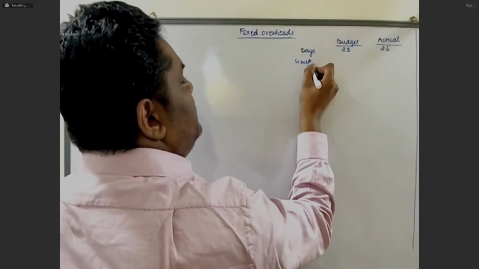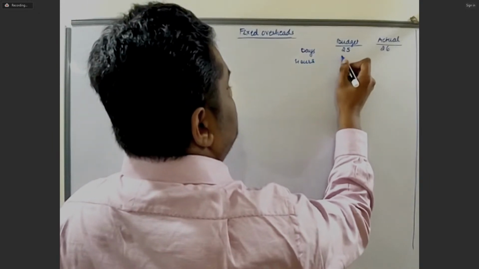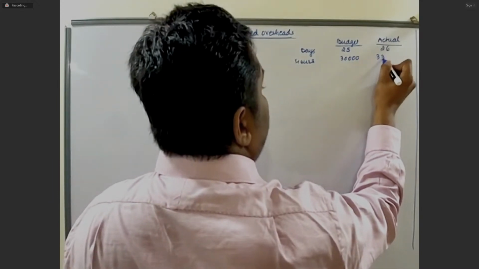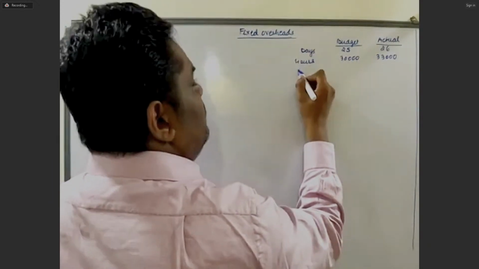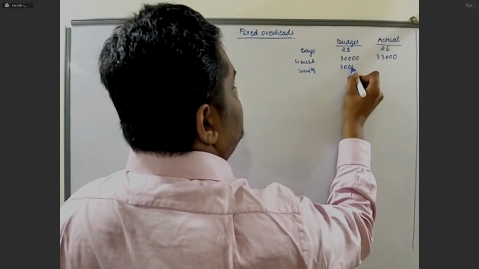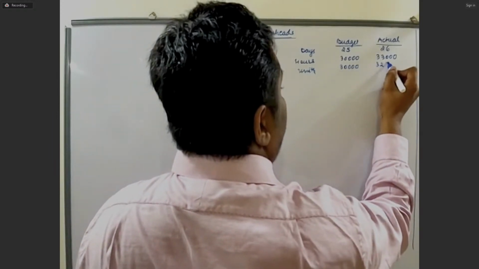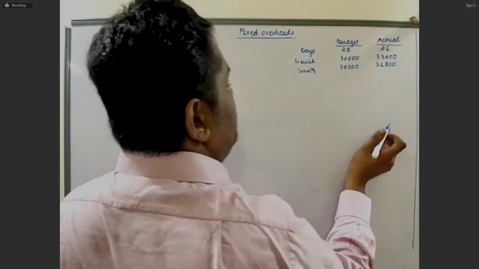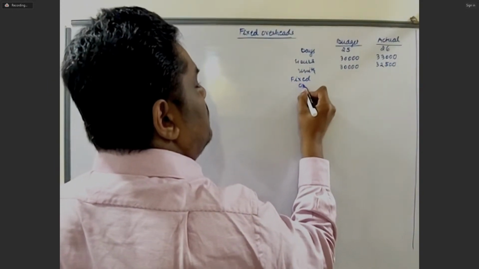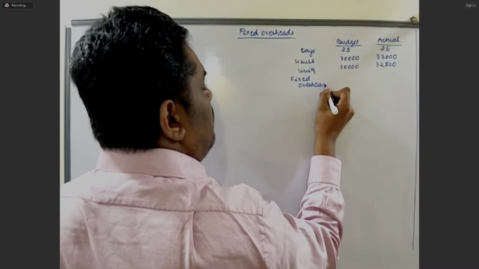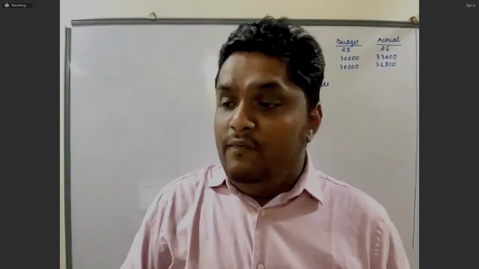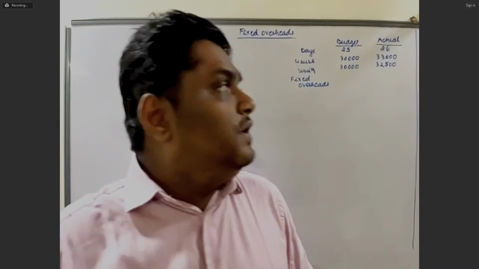Further, the information is given as regards hours also. Let's say 30,000 hours and 33,000 hours. Further, the units manufactured are also given: 30,000 units in case of budget and 32,500 was the actual production. And further, fixed overheads are also given, let's say 45,000 and 50,000.